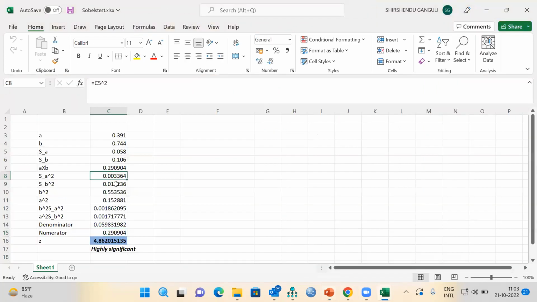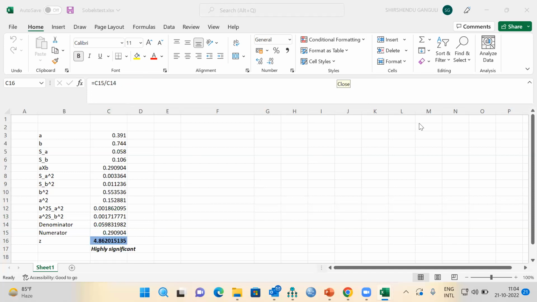So B square into S_A square plus A square into S_B square, square root of that is your denominator. Once you have the numerator divided by this, you get the Z value, which is highly significant. So if the mediation is there, the Sobel's test confirms that mediation if it is significant.